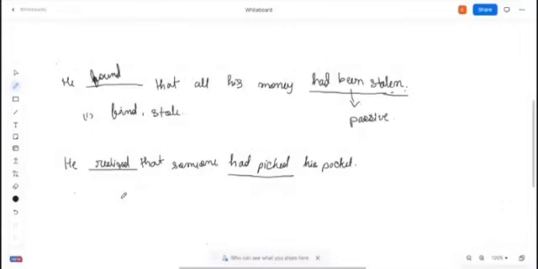Because here we don't know who stole the money. That's why we are using passive. But here we at least know that someone picked his pocket. In this sentence, it's mentioned that someone. That's why we are not using had been picked his pocket, because someone is already used. That's why we are using the active form. But we can use been in an active form too.